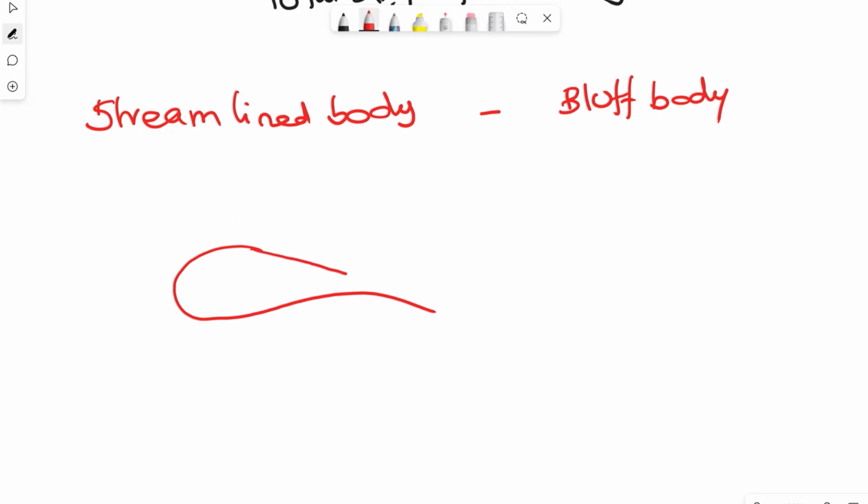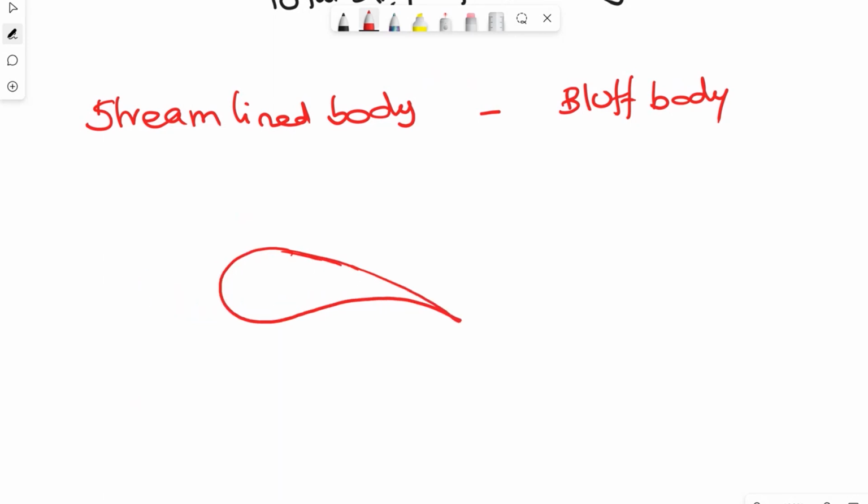The airfoil shape, the bird foils. You take it. This is the airfoil. This is the airfoil shape, right? Whereas the bluff body means blunt body. So blunt body means this is how it will be. This is the blunt body or bluff body.